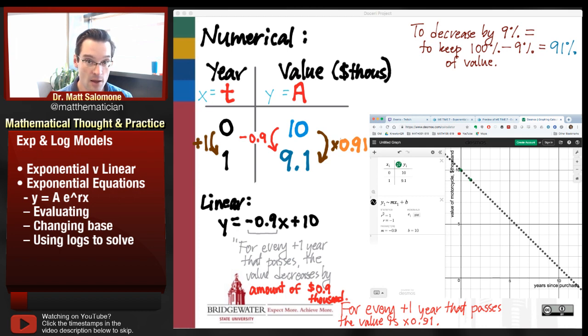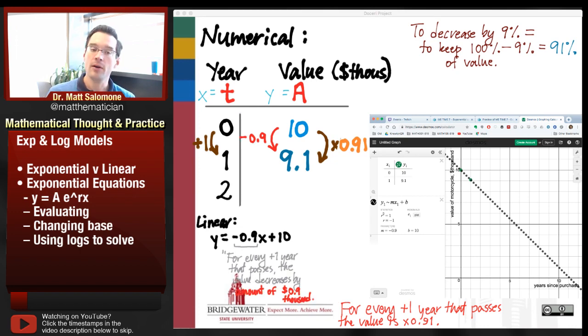So in order to figure out why we don't want a linear model, why the linear model is limiting here, why it's not what we're looking for, let's look 1 more year out. So I want us to find a comparison for what is going to happen with this motorcycle in year number 2.